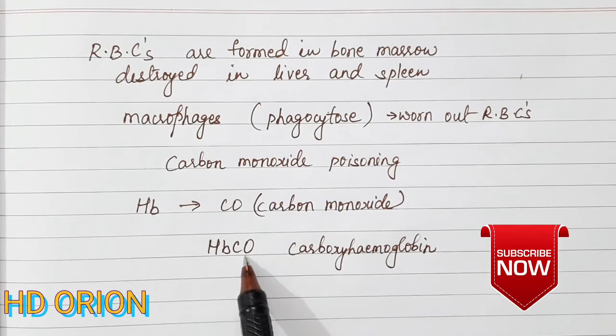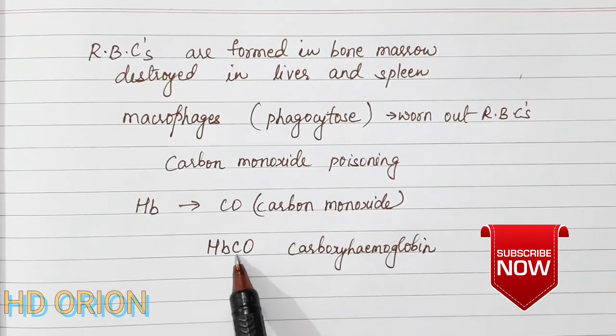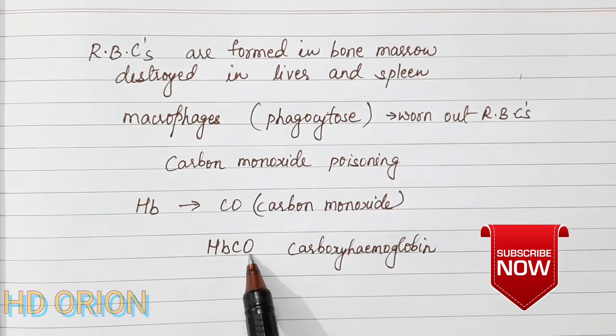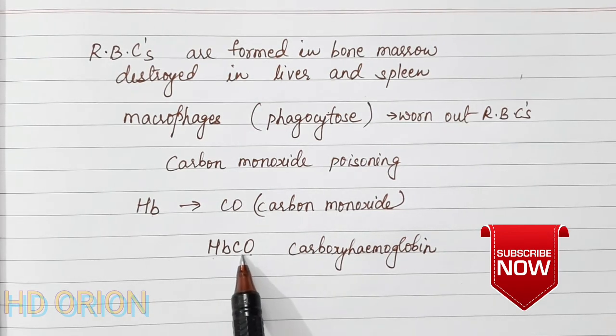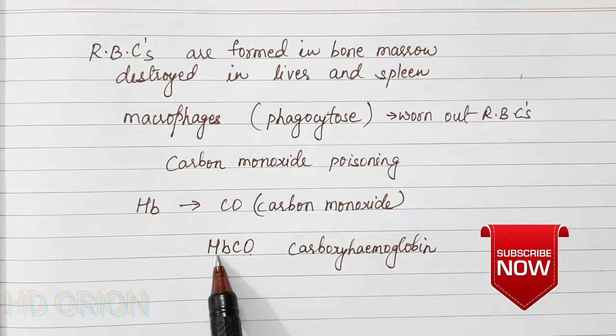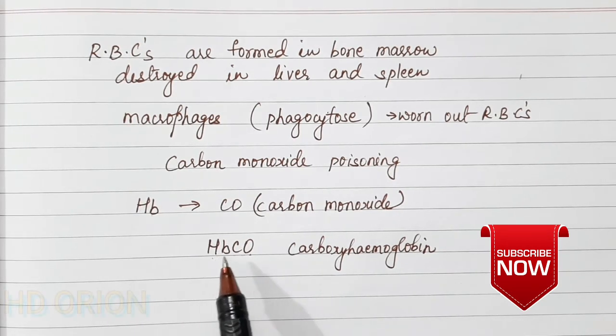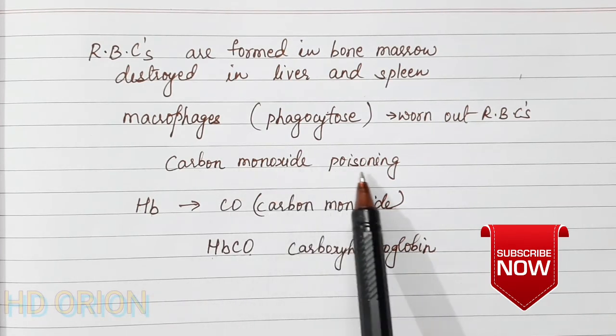When is carbon monoxide abundant? Whenever there is a fire and whenever there are black gases, black soot present, that means carbon monoxide is abundant. During cases of burning and fire, carbon monoxide is present because black gases are present. So all the hemoglobin gets permanently attached with carbon monoxide, leaving no hemoglobin free for oxygen transport, and that is how the entire body gets carbon monoxide poisoning.